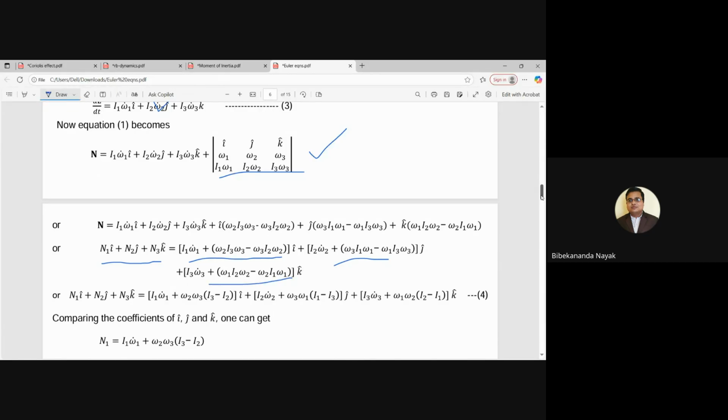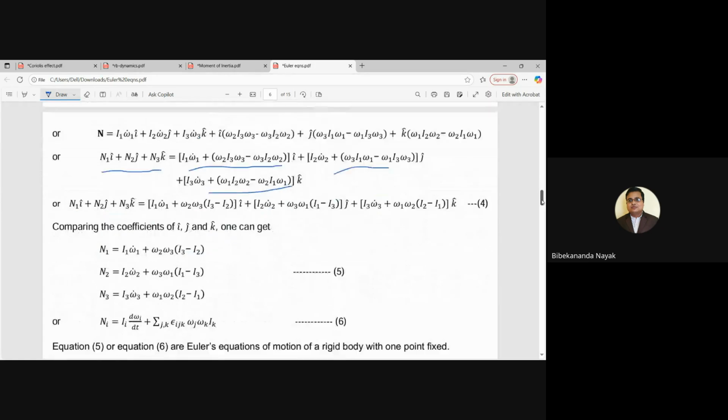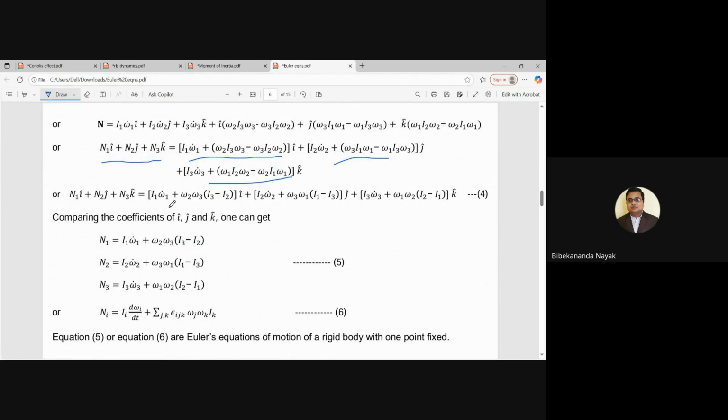If you compare, you write N1 equal to what is multiplied with i cap. N1 is equal to I1 omega 1 dot plus omega 2 omega 3 into (I3 minus I2). And this is N2, which is multiplied with j cap, and N3 multiplied with k cap. So N2 is like this, N3 is like this.